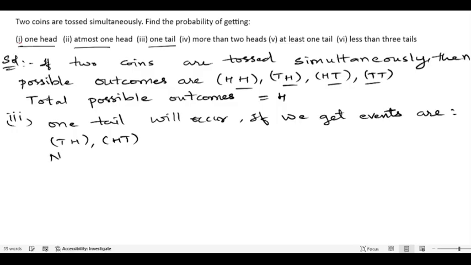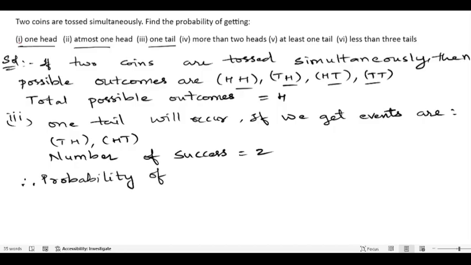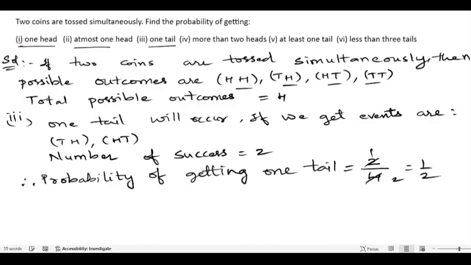So number of success is equal to 2. Therefore, probability of getting one tail is equal to, so favorable is 2 and total is 4. 2 ones are 2, 2 twos are 4. So we got 1 upon 2.